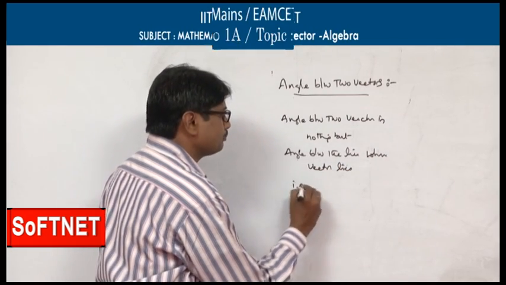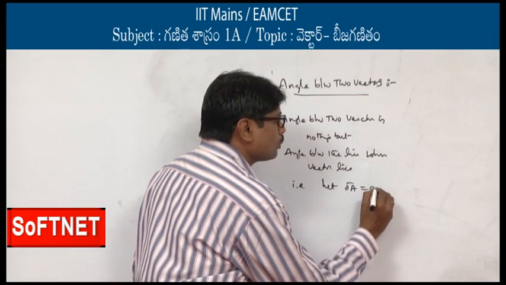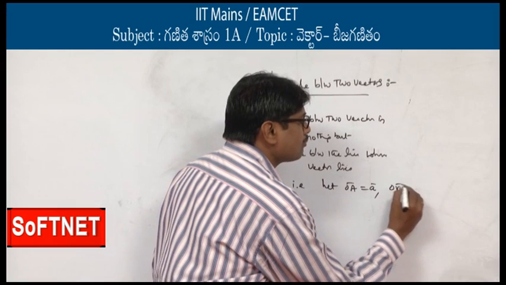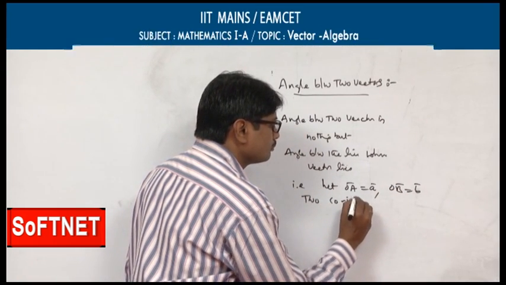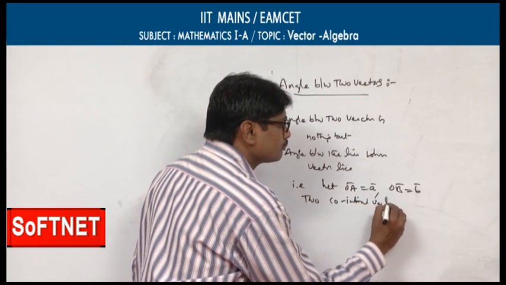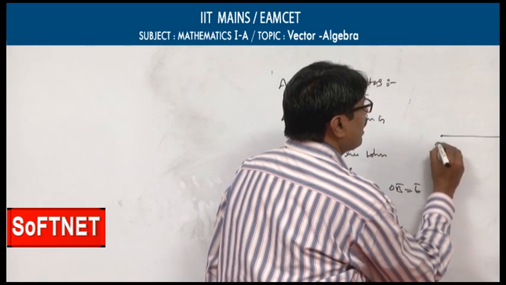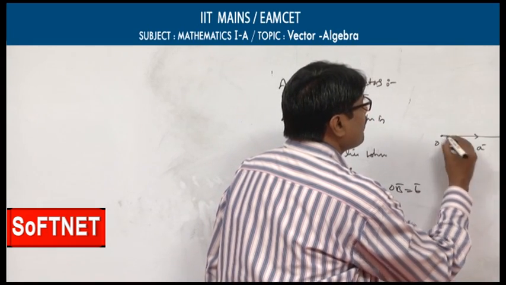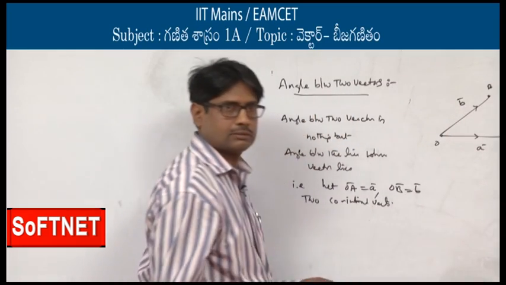Let OA bar be equal to A bar and OB bar be equal to B bar, two coinitial vectors.